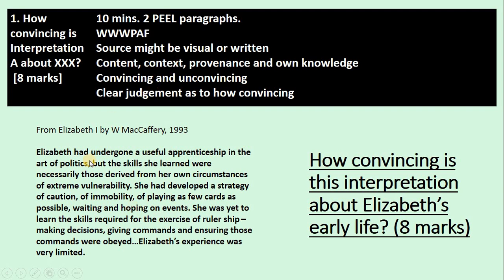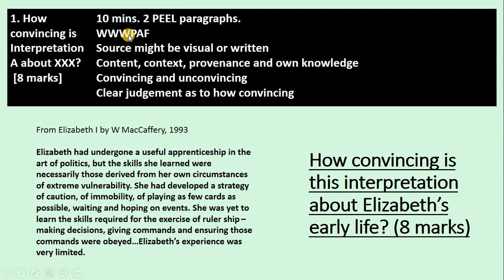Context, what is the situation in which it was written, the background to it. It's a historian writing in 1993, the context to it. The provenance, who created it, thinking about their motivations for writing it, producing the source. And as always, with all of these source-based questions, we always bring in our own knowledge to support the points that we make.